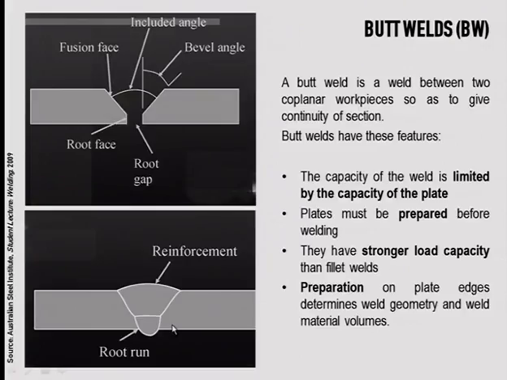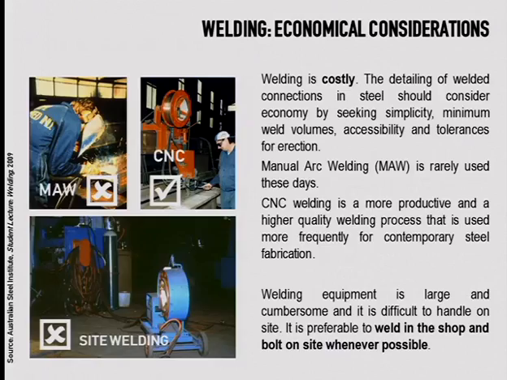This is a very strong type of welding. Remember: fillet welds, T-junctions, and butt welds for coplanar elements. The first one is weaker, the second one is stronger. It should be pretty easy to remember that.